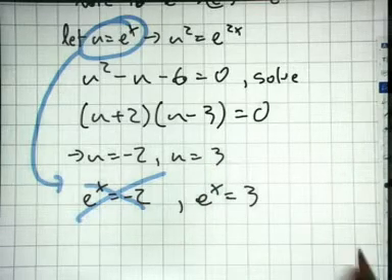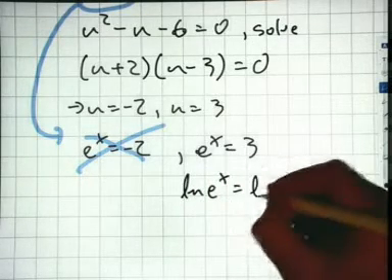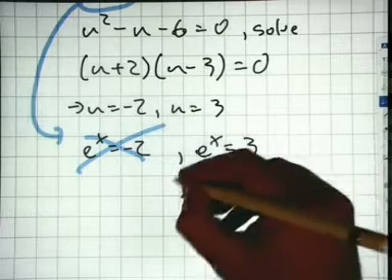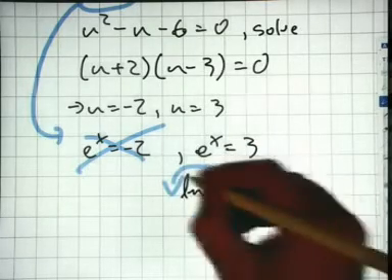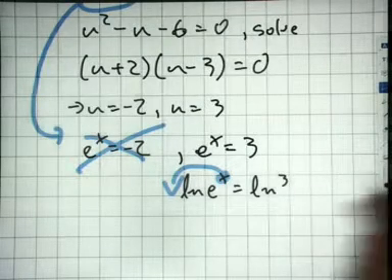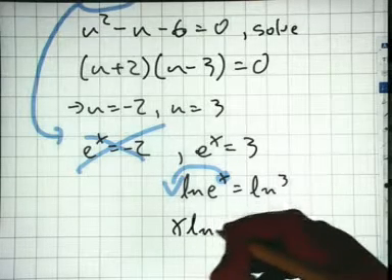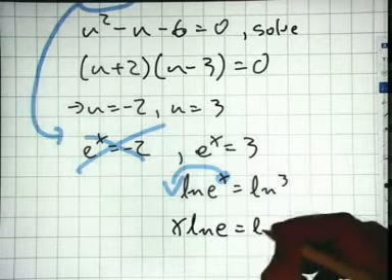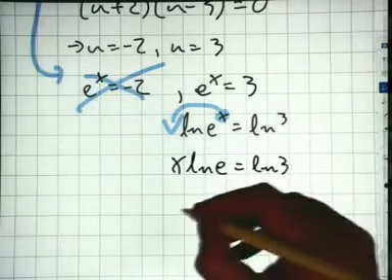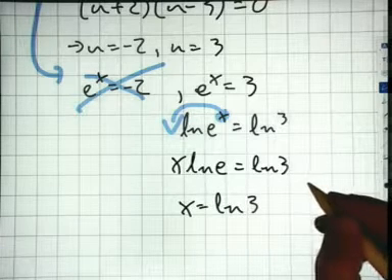Well, if we take the natural log on both sides, that's going to allow me to use the power rule to bring that out. Natural log of e is 1, so that means x is equal to the natural log of 3.